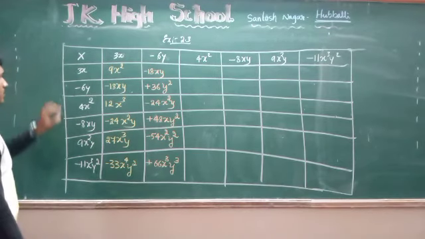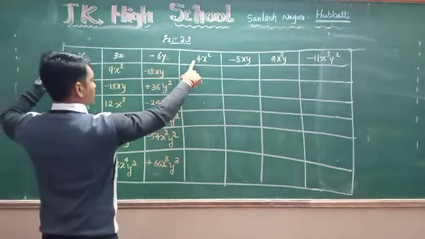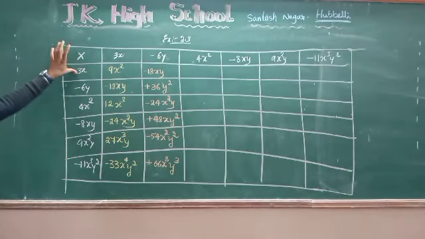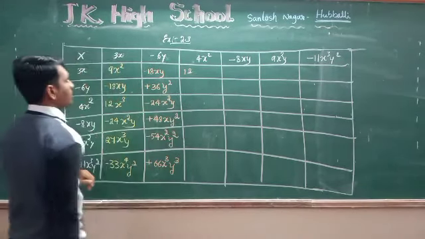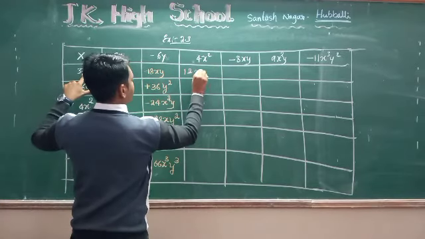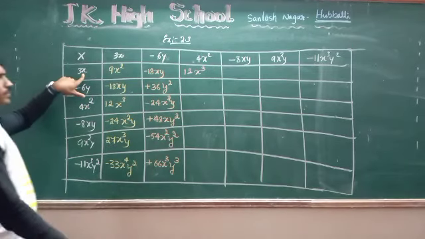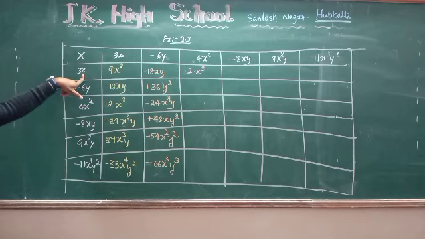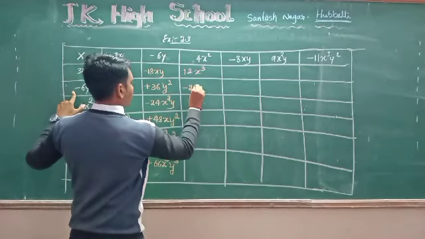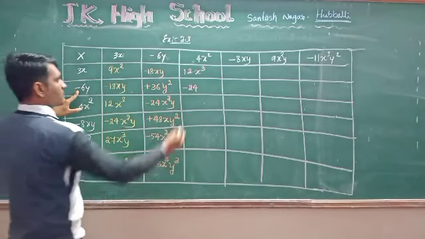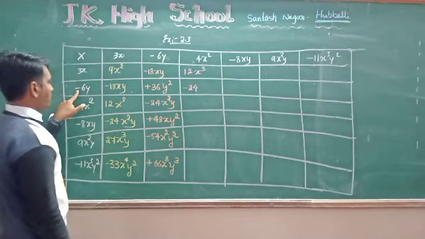The third column is 4x squared. Let us multiply with 3x. 3 into 4, 12. X into x squared, x cubed. Second, 4 6s are minus 24, because here minus is there and this side plus is there.